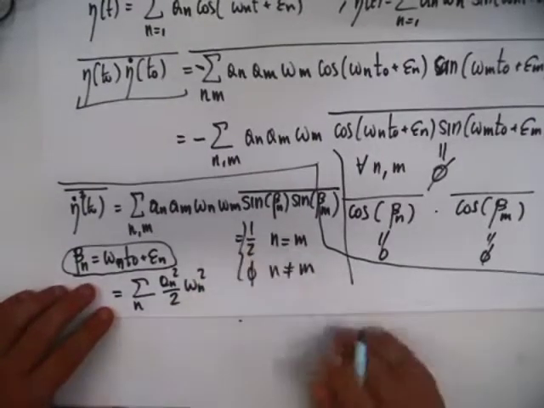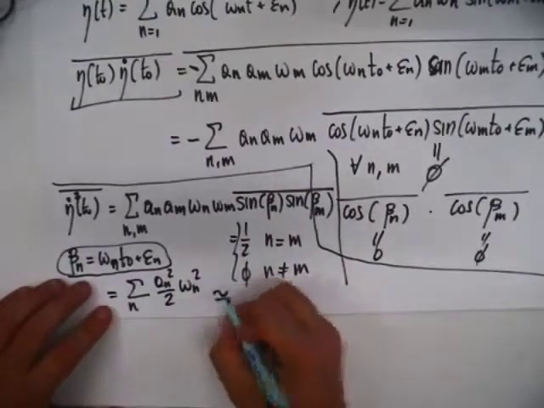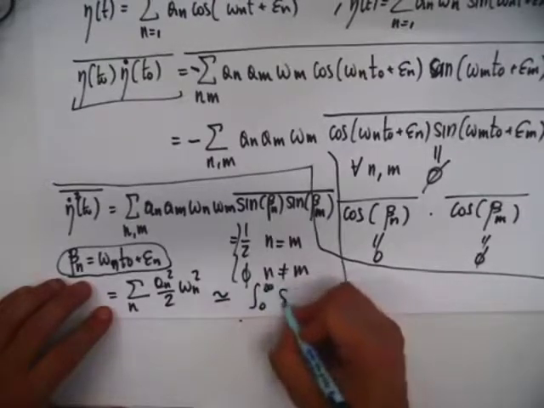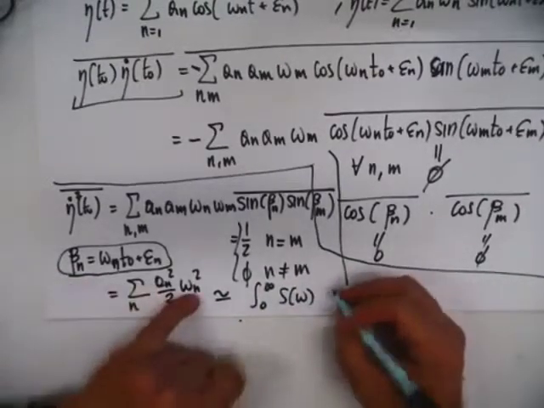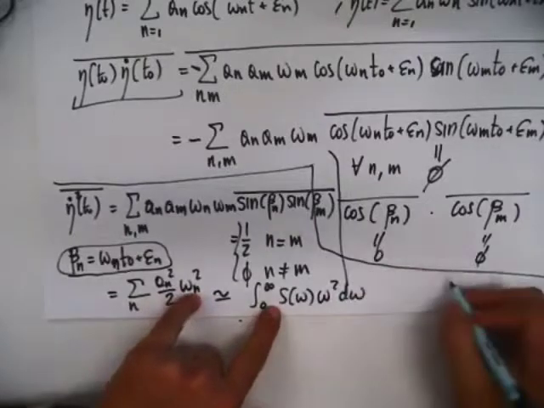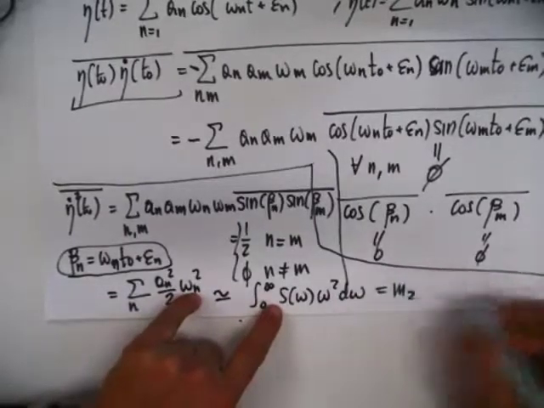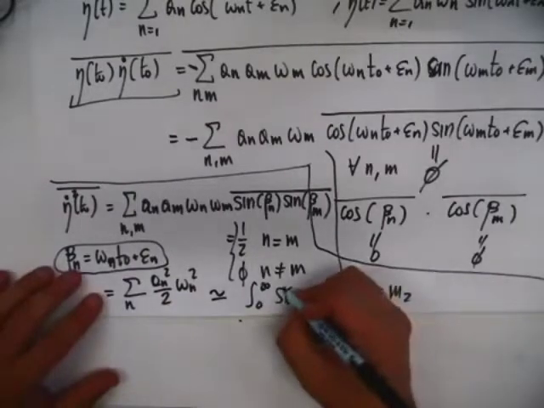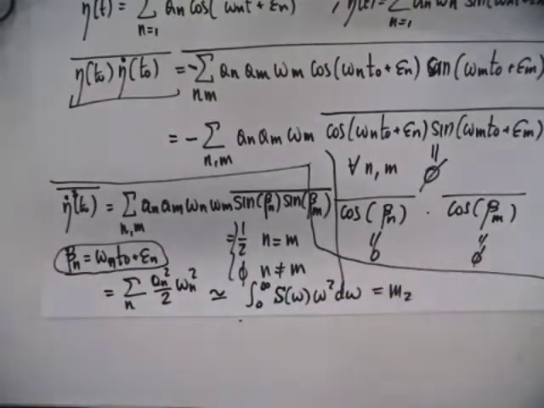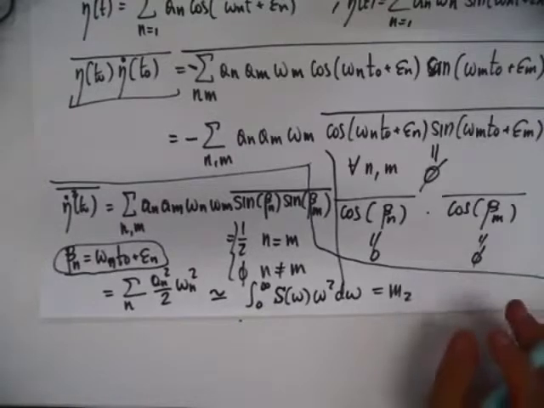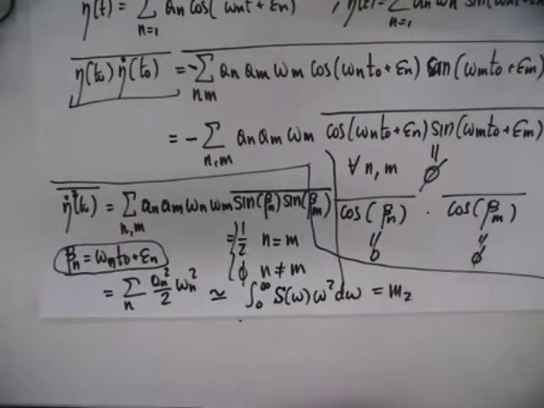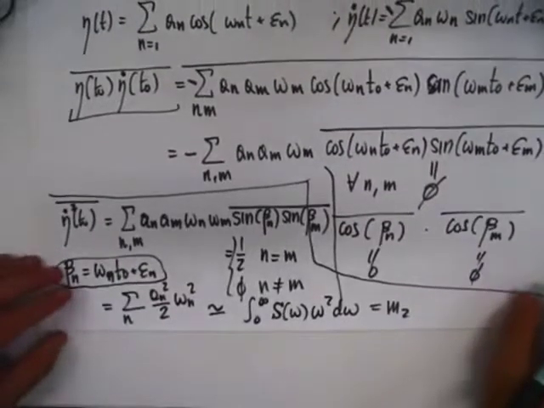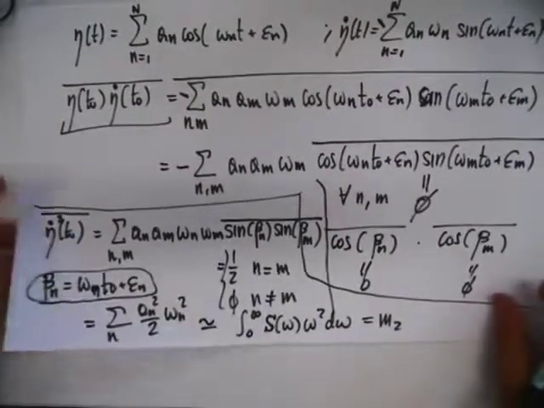This is the integral between 0 and infinity of S of omega, omega squared, d omega, the second order moment of the spectrum. And the spectrum, remember, is always given, or you can estimate it from the data. So once you have the spectrum, for a Gaussian process you have the full characterization of all the probabilistic properties.